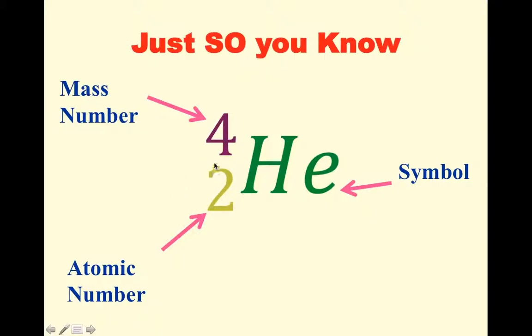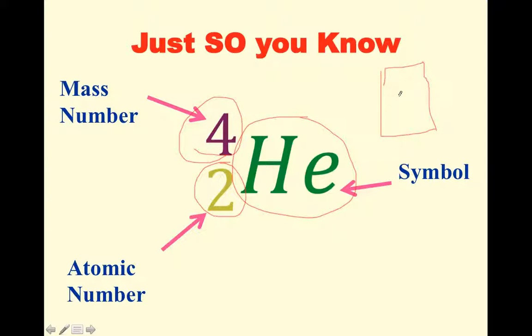Just to recap, let me get my pen on here. What we have over here, of course, is our symbol. When you see an atom written like this, the top number is always the mass. The bottom number is the atomic number. But in a periodic table block, remember, the symbol was written in the middle.